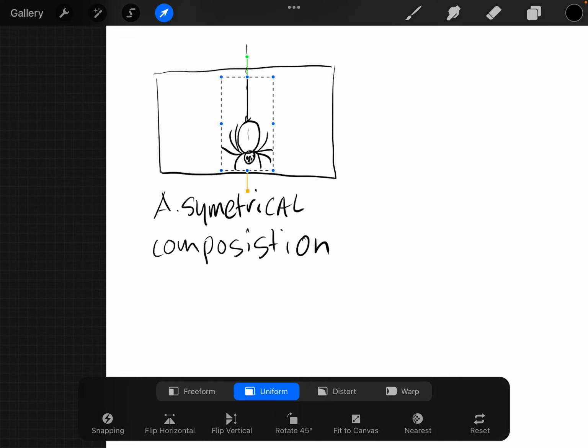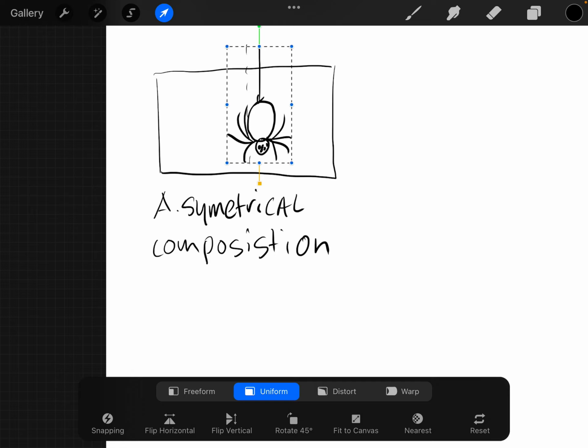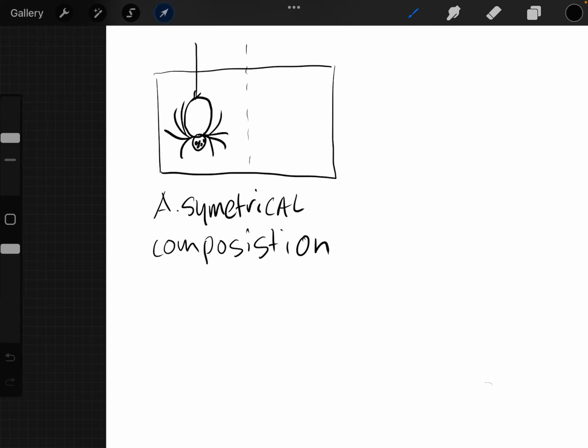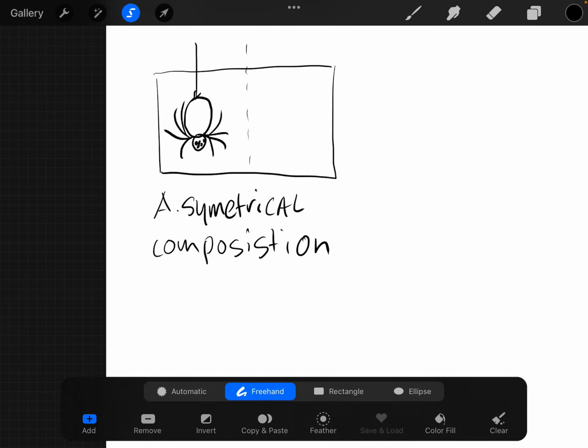Then you are looking at an asymmetrical composition. It can be ever so slightly off from the center and you have created something asymmetrical, right? And that is always going to give you more tension.